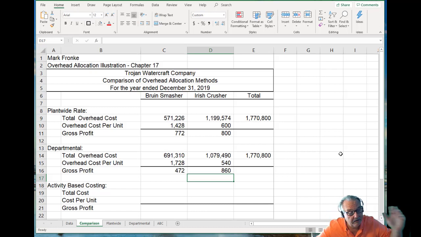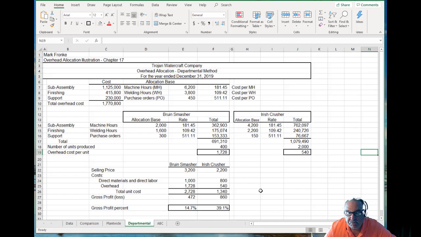So you could say this is more accurate than using the plant-wide rate. And the reason is primarily in the purchase orders. Because we're spending a lot of time doing purchase orders for the Bruin Smasher, there's 300 purchase orders to make 400 units.